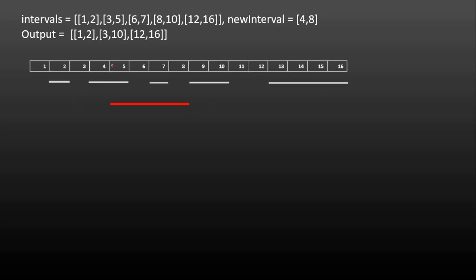To merge these ranges, if I just take care of only this particular section, the output should be the min of my lower bound, that is my start range, of this part and this part, and the max of my end range where the new interval is overlapping. So here the min of these two will be 3 and the max of these two will be 10. So my final output will be 3 comma 10, which is here.